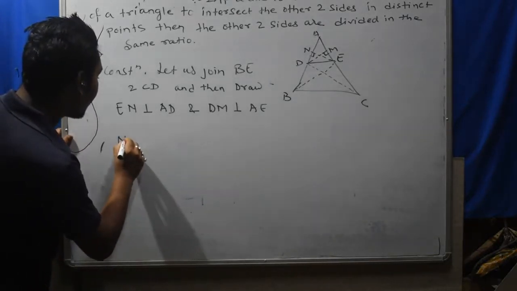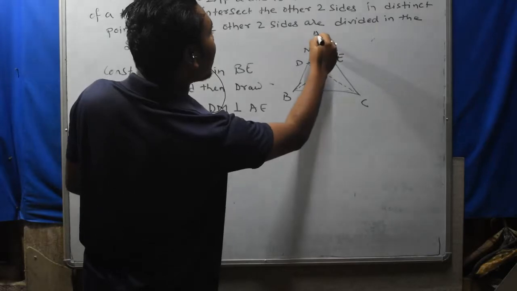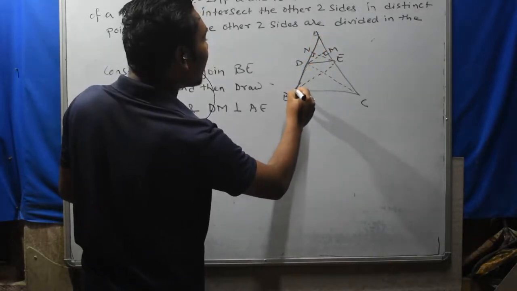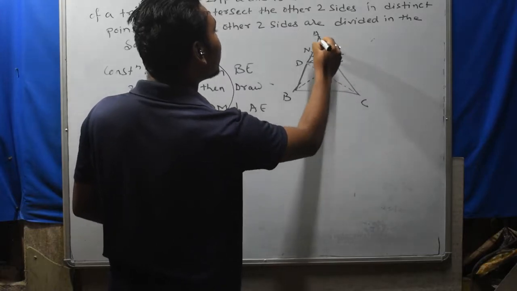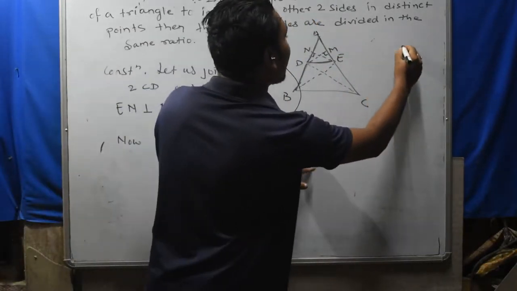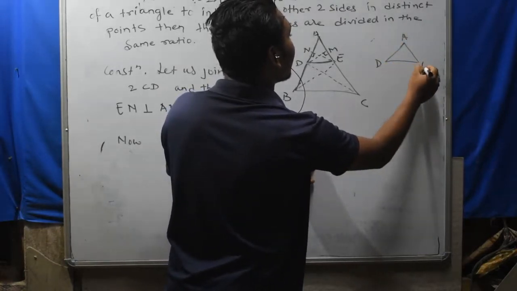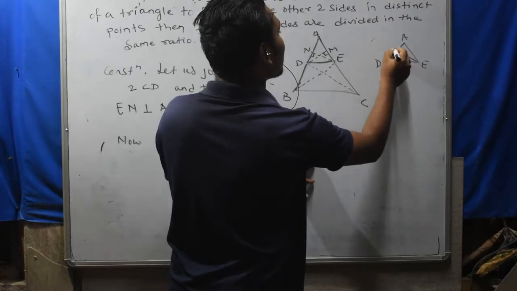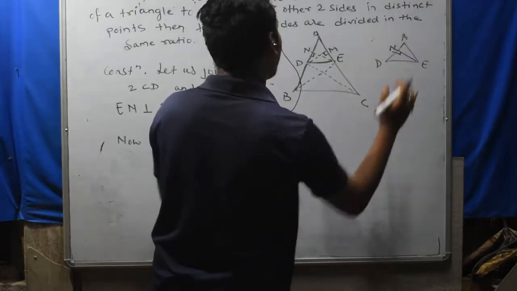Now we will choose first this part, that is AD. In triangle ADE we will choose only this side. If I separate ADE, N, this is the height, this is the base.